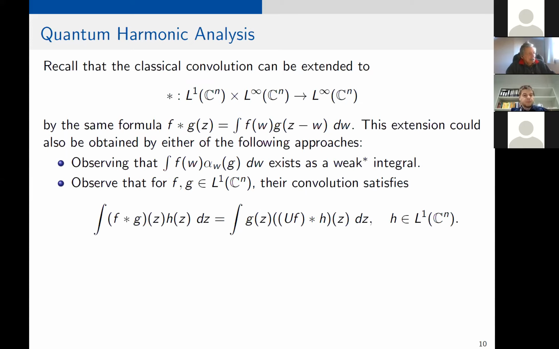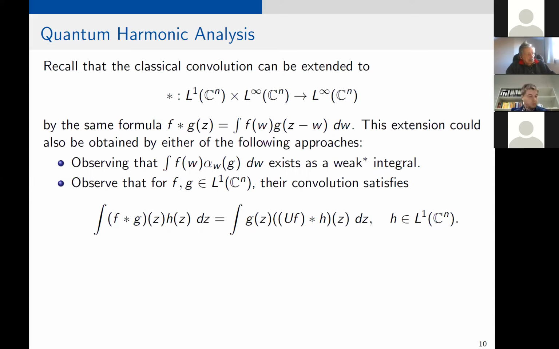You could observe that for two integrable functions, their convolution defines this identity. If you integrate the convolution of those two against some other integrable function, this is the same as integrating, say, g against the convolution of f and h.